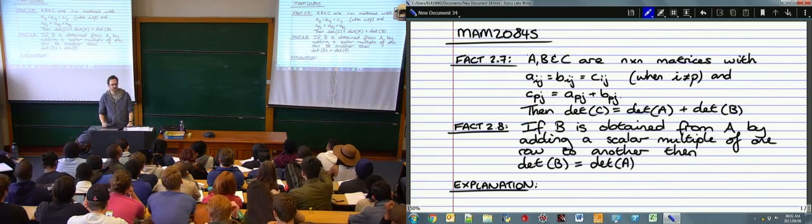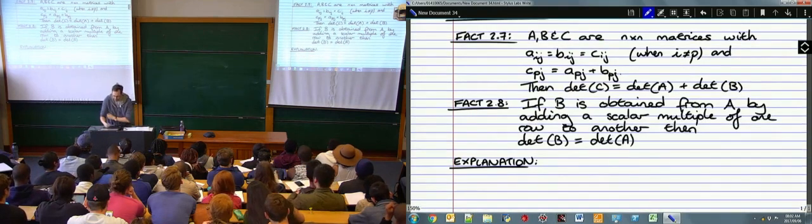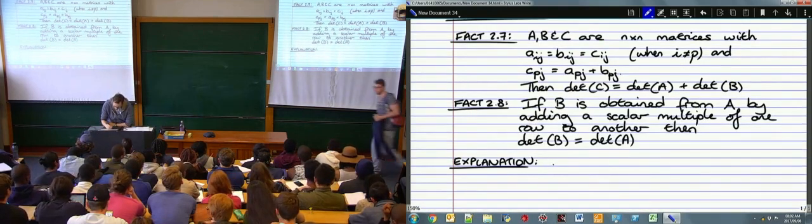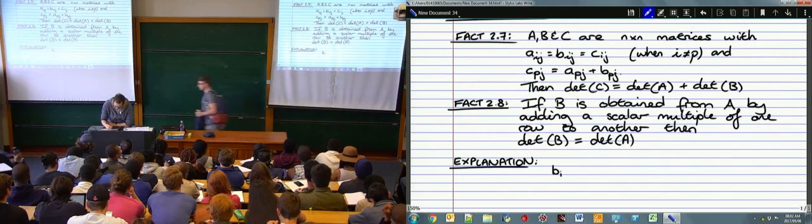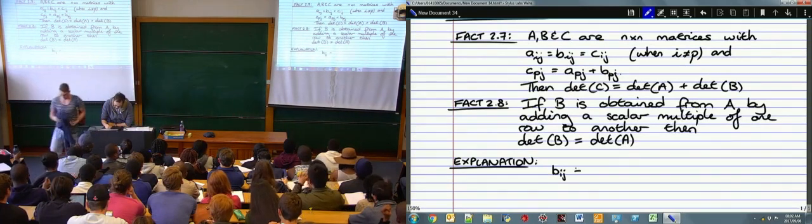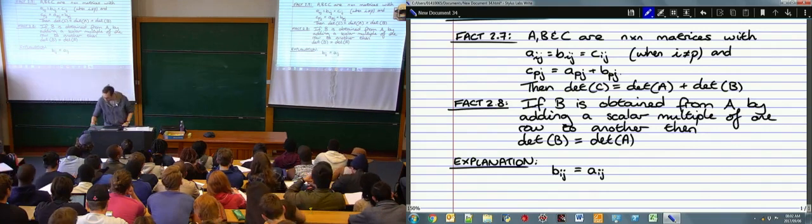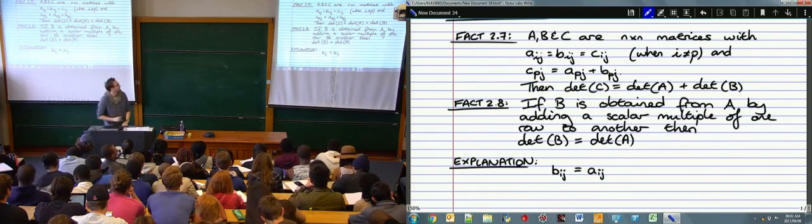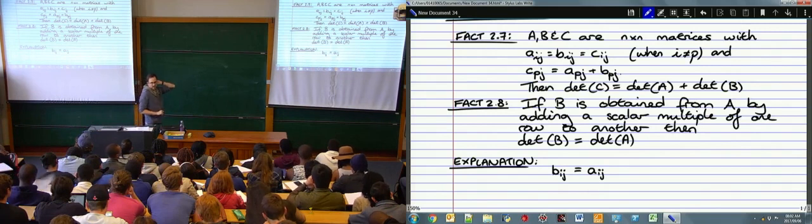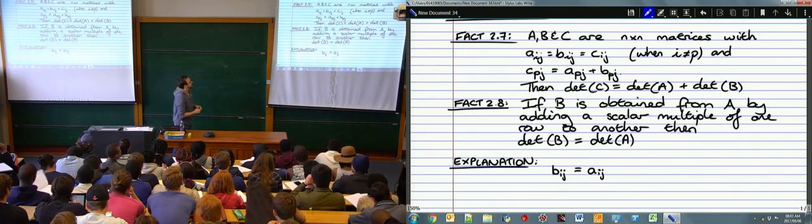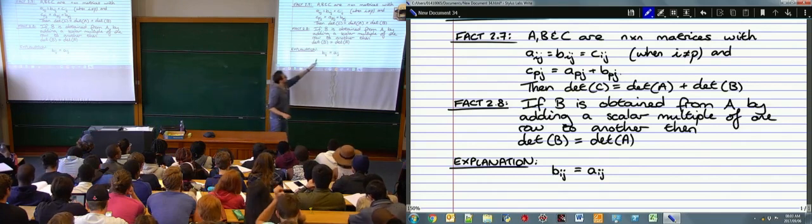So what we're claiming is that Bij is going to be equal to Aij. Sorry, this is still a bit loud, I think. So Bij and Aij, the entries are going to be completely the same in all the rows except one.